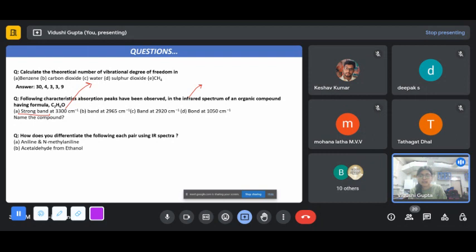So it's a strong band at 3300 centimeter inverse. So what does it correspond to? For 3300, it will be an OH. So in IR for OH, always there will be a strong band at 3300. Now there is another band at 2965 and 2920.